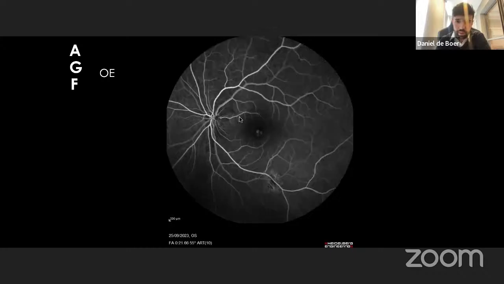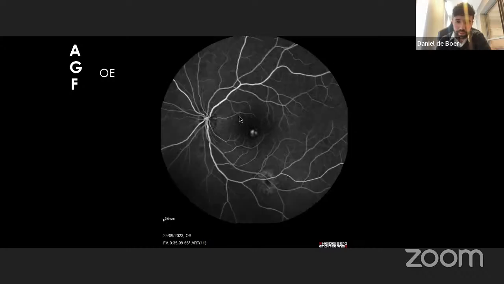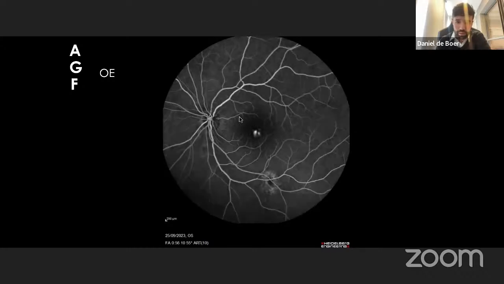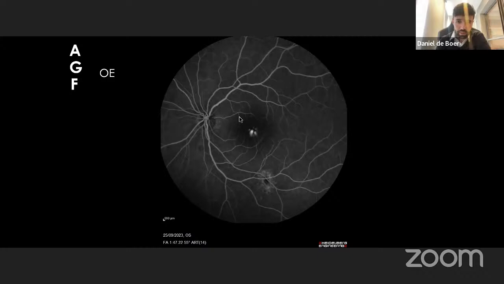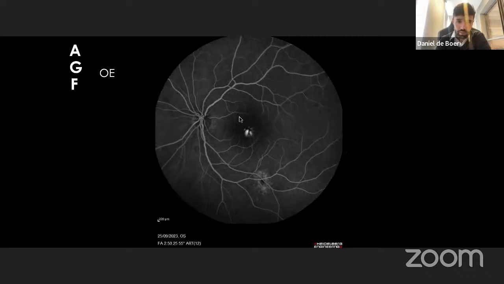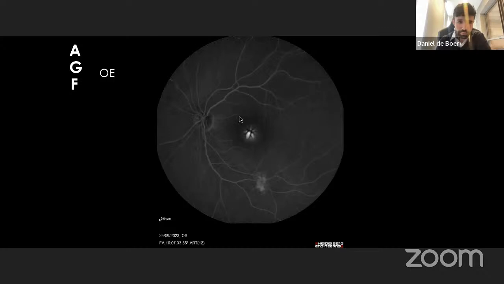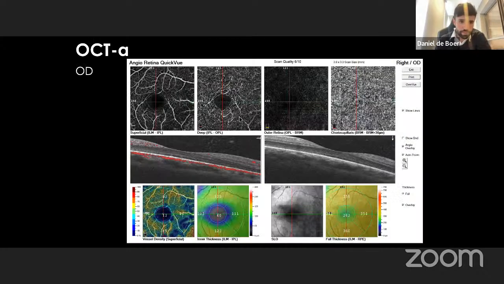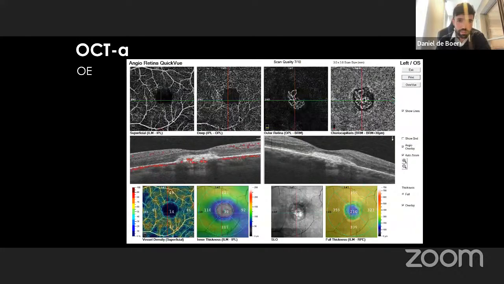E na área macular, uma hiperfluorescência que aumenta também durante as fases do exame, com um padrão petaloide, sugestivo de membrana neovascular tipo 2. O paciente foi submetido a um OCT angiografia também, no olho direito sem nenhuma alteração, e no olho esquerdo demonstrando essa membrana neovascular tipo 2.